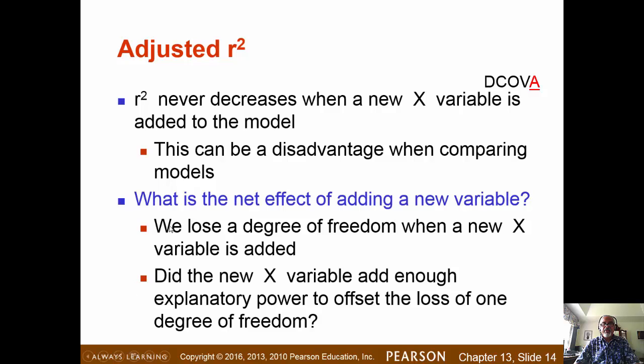Once again, when we add a new variable, we lose a degree of freedom. To compensate, we want to see whether the new x variable adds enough explanatory power to offset that loss. That's what adjusted R squared does.